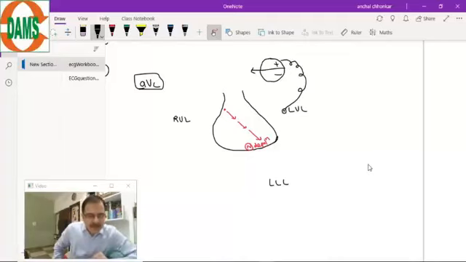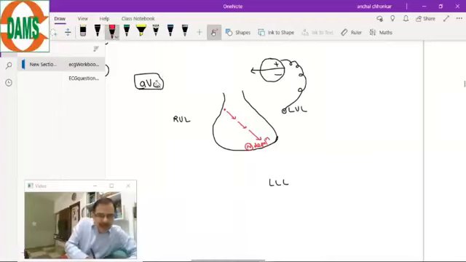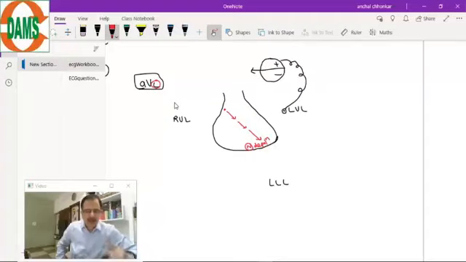So the left upper limb is the exploring electrode. Now, the remaining limbs will be combined, and that combination wire will go to the negative pole for making the reference electrode.